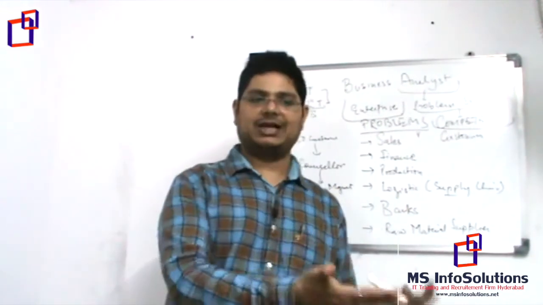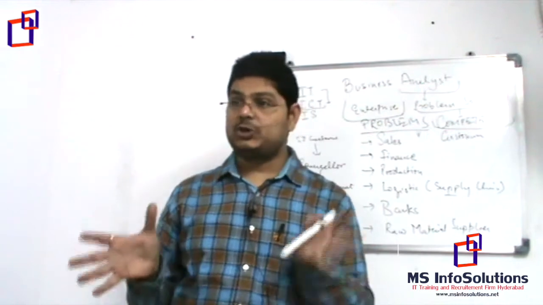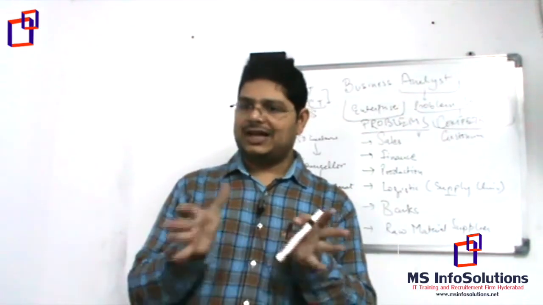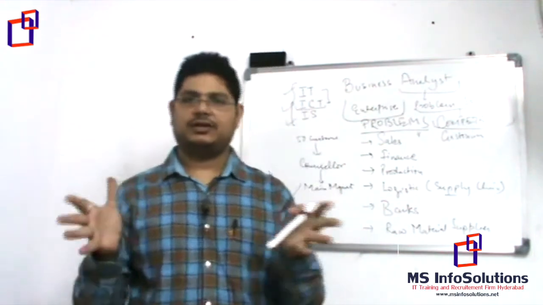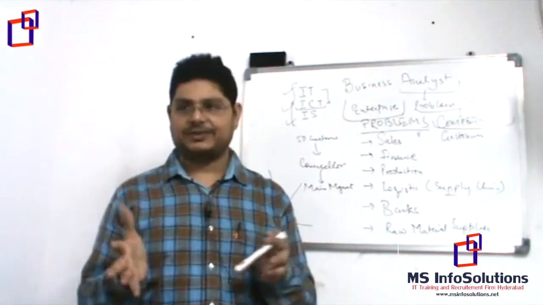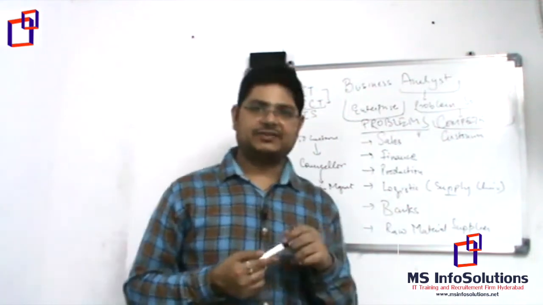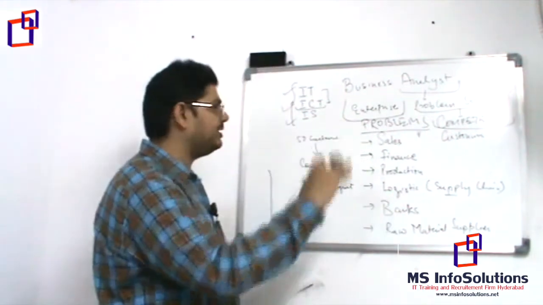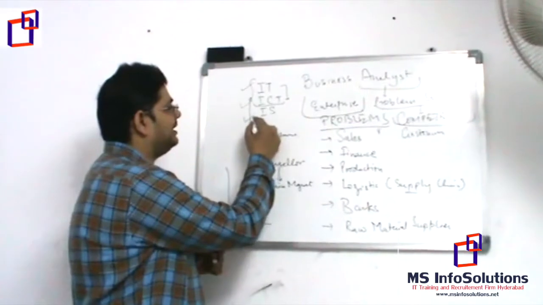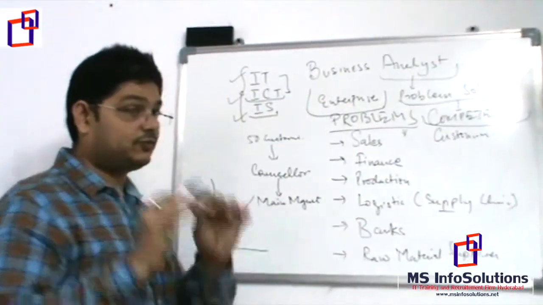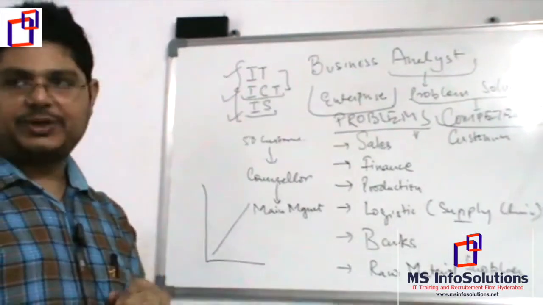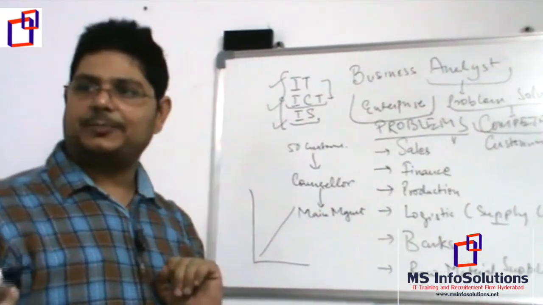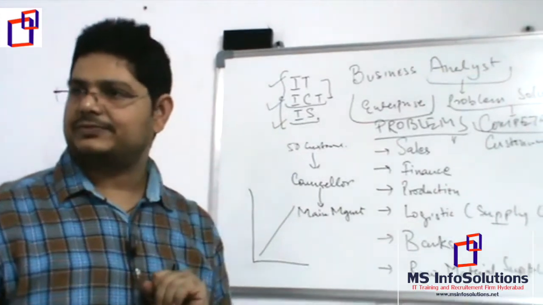So we were actually doing the business, and this is called a system. In my later classes, I will elaborate what actually a system is. But today's class motto is not technology, and it's not system. We are talking about business analyst. So today I'm not going to deviate from it. What I'm trying to say is IS is information system. Those systems which are actually helping us to move the information from one part to another part are called information systems.